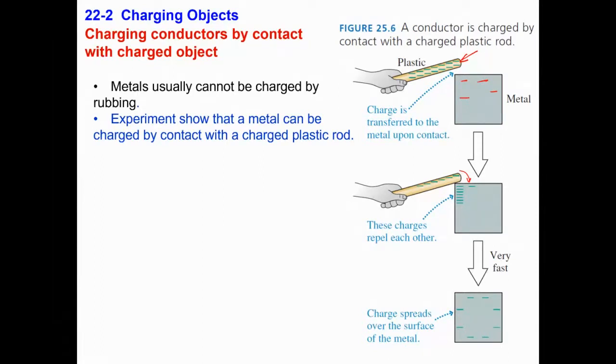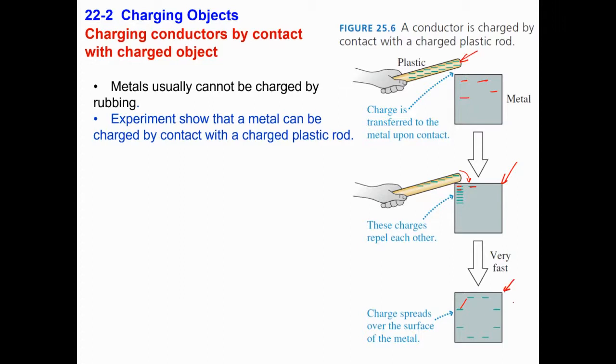But let's assume the negative charges somehow can be transferred, and we end up with the metal having more negative charge. When the negative charges accumulate on the metal, they will distribute uniformly, spaced in such a way that the spaces are almost equal, on the surface of the metal.